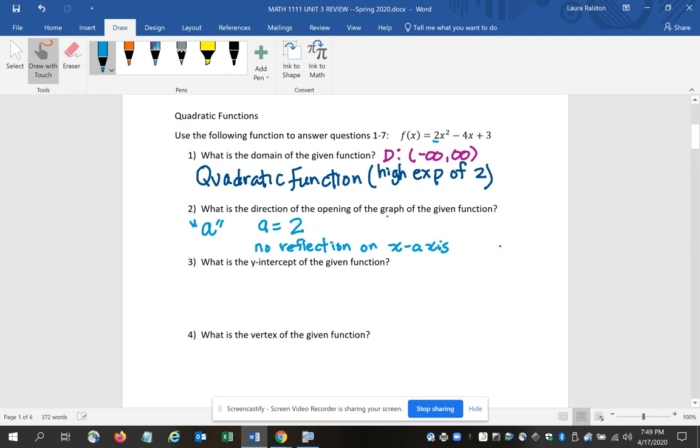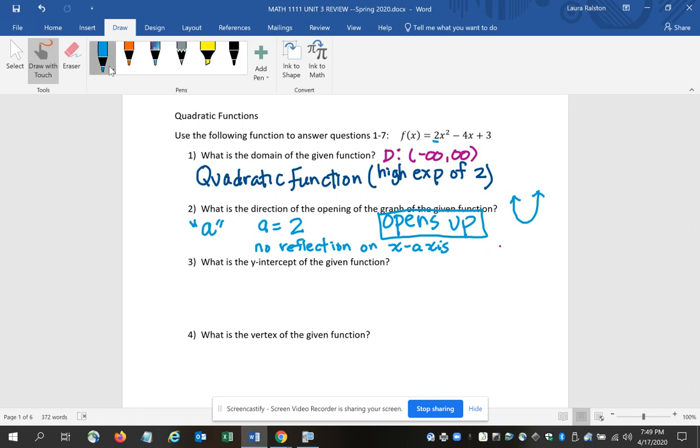Therefore, my parabola opens up. And I have used that terminology on the multiple choice part of the test. It opens up or opens down. I didn't use the funky notation that WebAssign used. So visually, this quadratic is going to be turned up so that it looks like a U shape.